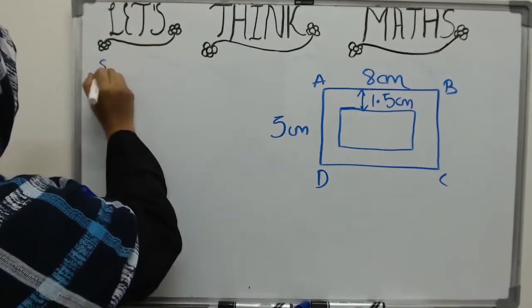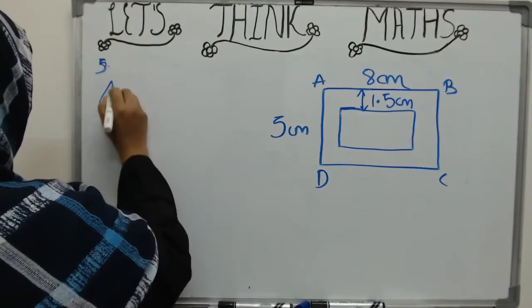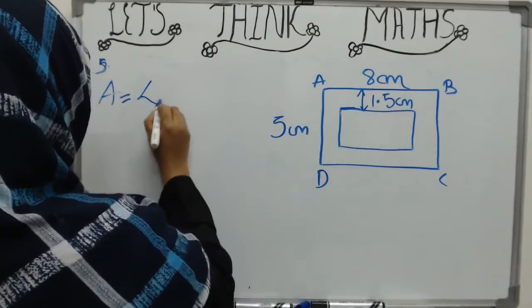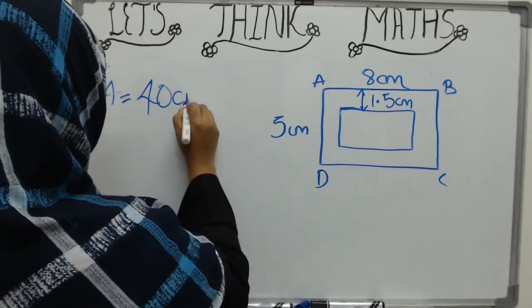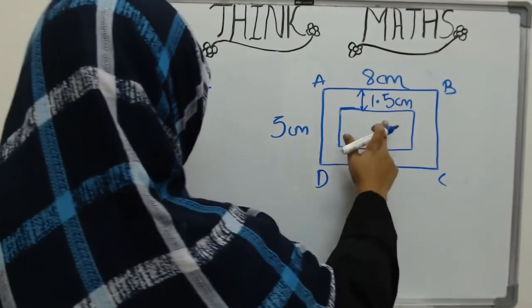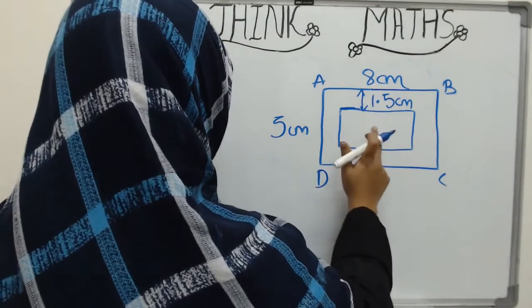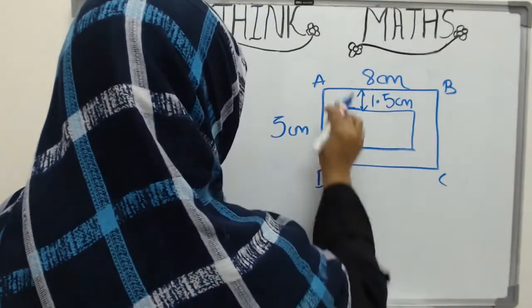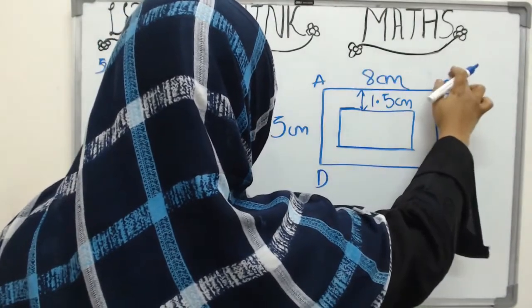So fifth question. Area of the cardboard is 8 centimeter into 5 centimeter, which is 40 centimeter square. Do not forget the unit. Now we have to find the area of this. How much will this be? This much is 8 centimeter.